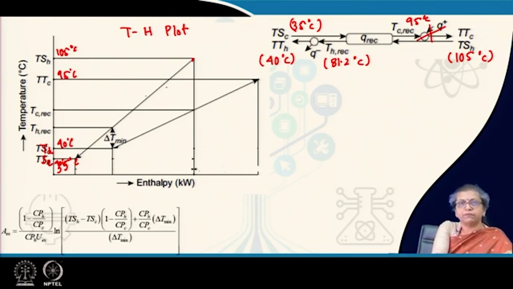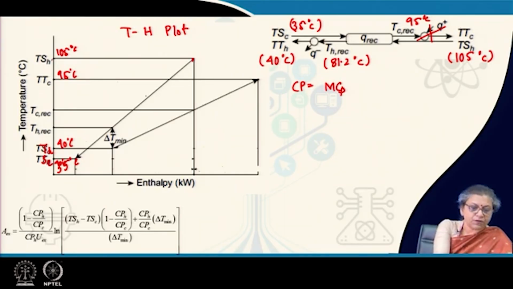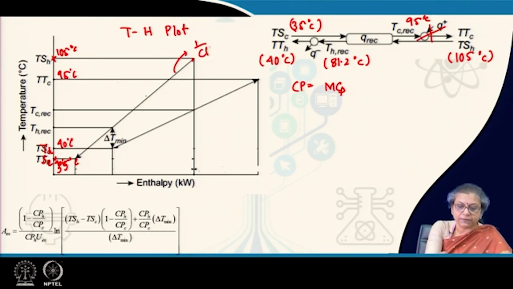Because the CP, the heat capacity flow rate parameter, which is nothing but m into Cp, is also fixed. So for this graph, the y coordinates are fixed and the slope, which is 1 by Cp, 1 by CpH and 1 by CpC, are also fixed.